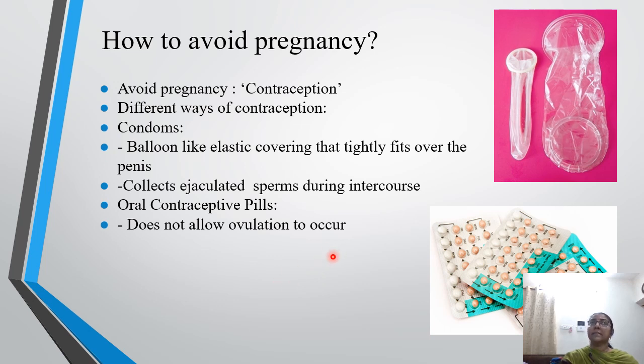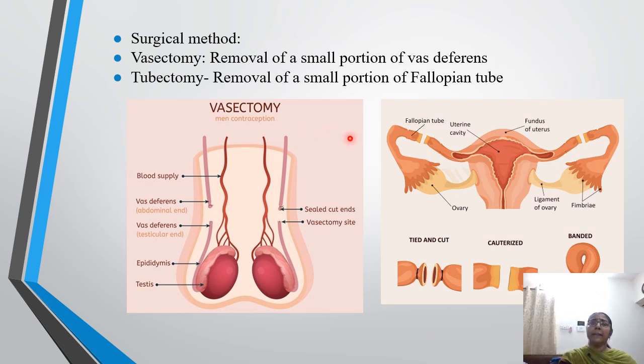Next is the biochemical method, or oral contraceptive pills, which prevent the ovulation process and do not allow free movement of sperm through the uterus to reach the fallopian tube. And the permanent method is the surgical method, where a part of the vas deferens is removed.